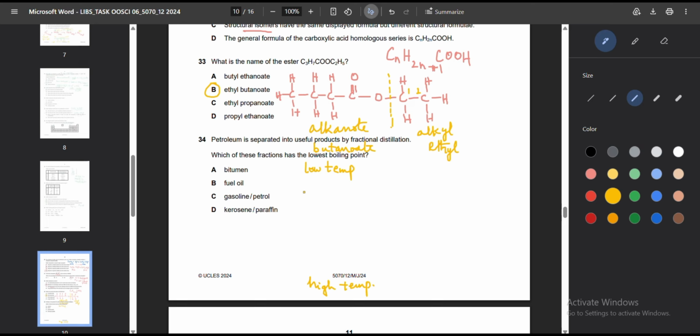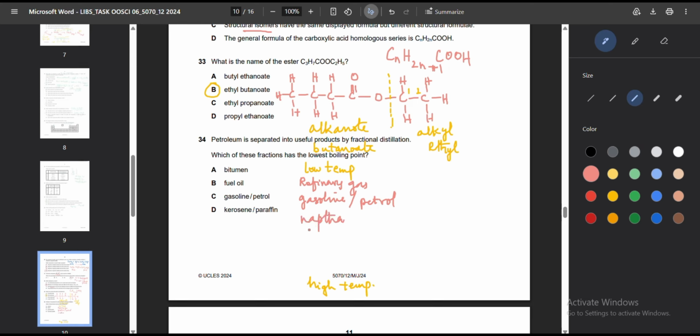so we have, first of all, all the refinery gases. The refinery gases, and then comes the gasoline, which is also called petrol, then naphtha.